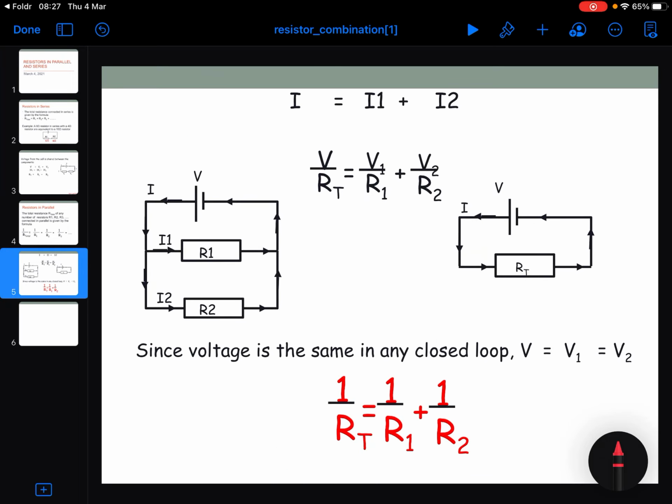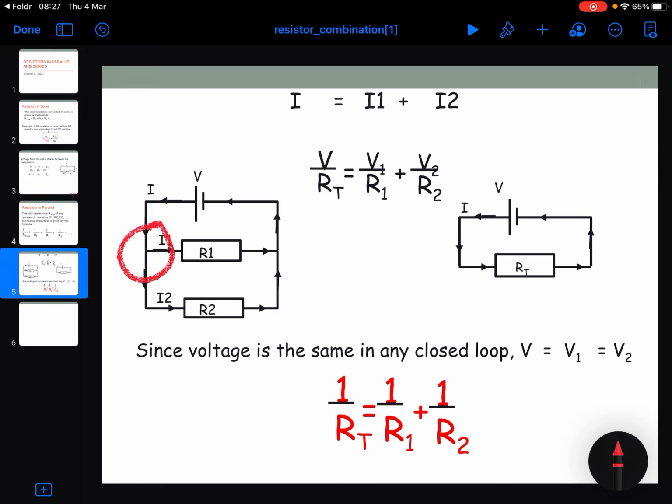Now we're going to be using Kirchhoff's first law, and the idea that current splits when it gets to a junction. So here we've got I, which is the total current coming from the cell, and it splits into I1 and I2 at this junction.